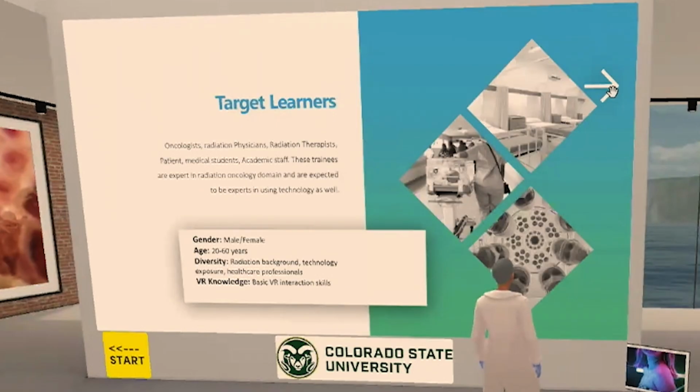So what are some of the target learners? As I said, typical radiation therapy has a multidisciplinary team which is responsible for delivering the therapy, which usually consists of oncologists, radiation physicians, and therapists. They're often medical students as interns, and academic staff.